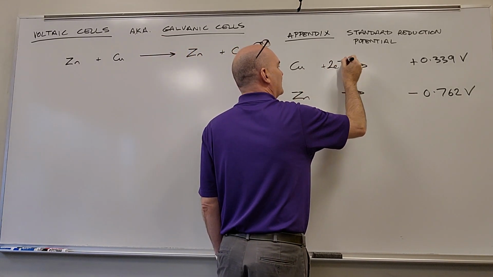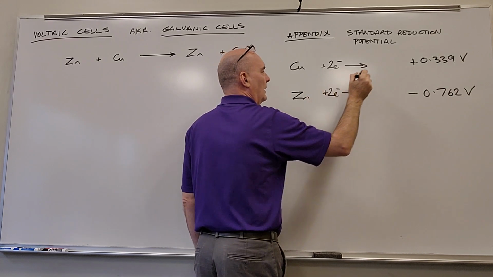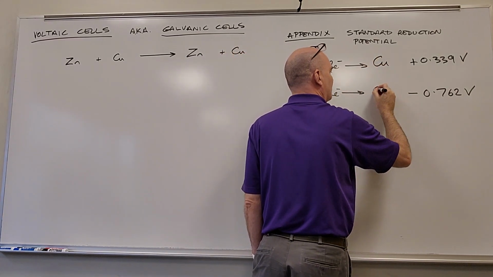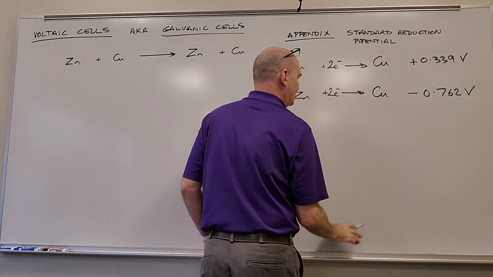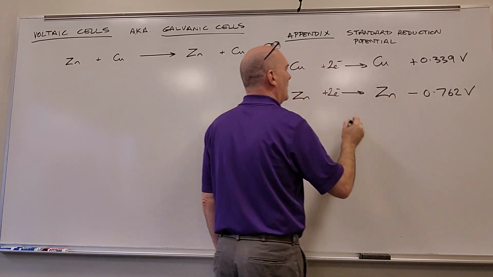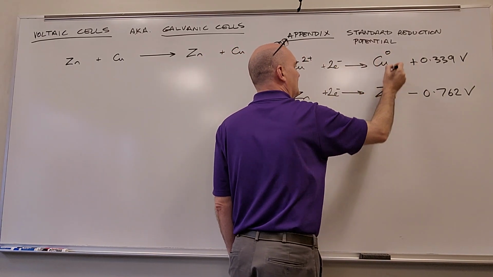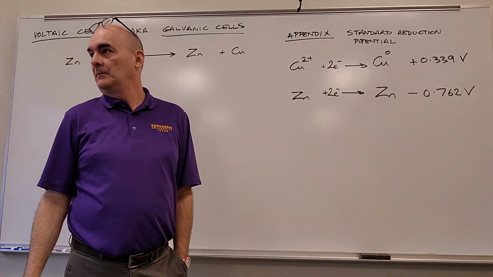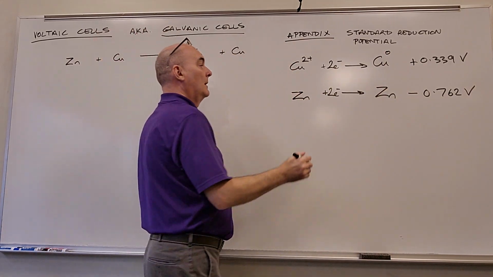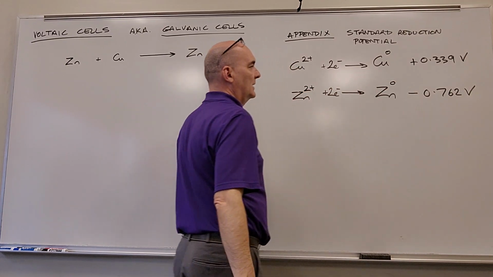Here's my 2 electron reduction and 2 electron reduction. So I'm going to go from copper 2+ to copper 0, and from zinc 2+ to zinc 0.